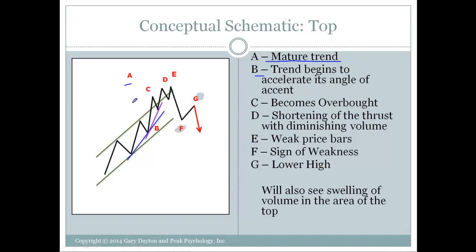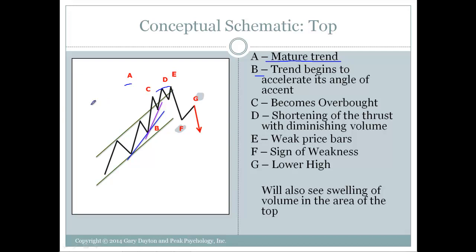And oftentimes we will start to see that the pushes up don't have the same kind of force that they did down below. And then we start to see the shortening of the thrust. And that's pretty much almost always associated with diminishing volume. Sometimes we see some pretty heavy volume coming in and shortening of the thrust.